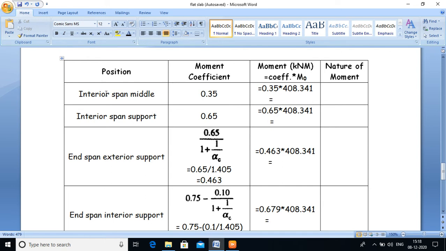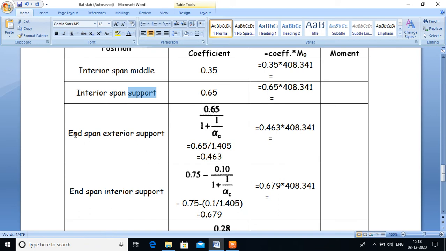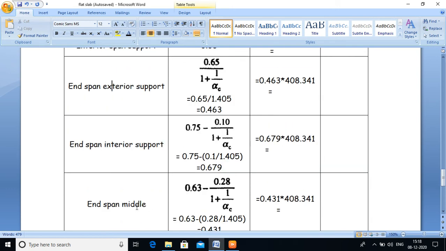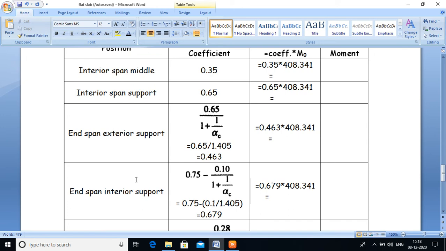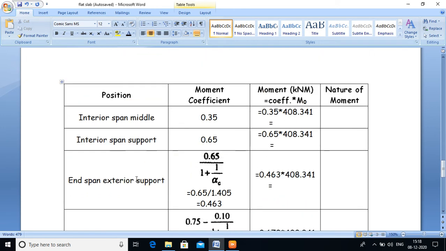Out of that, the very first position is the interior span. If we have the interior span, the middle of the interior span, and the support of the interior span, and then at the end span the exterior support, the end span interior support, and the end span middle, that means a total of 3 plus 2, 5 positions, where we need to distribute this.